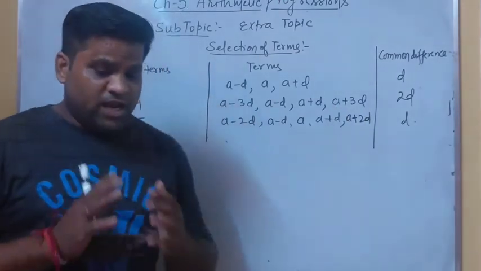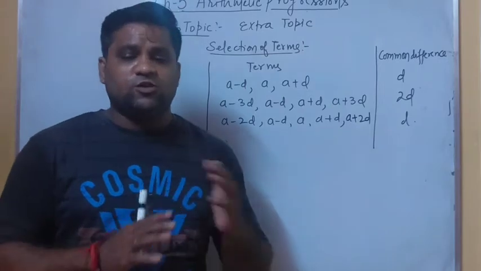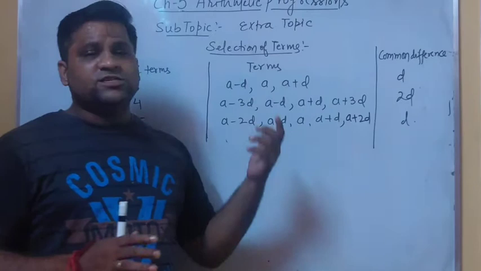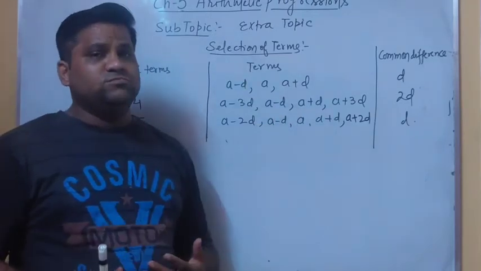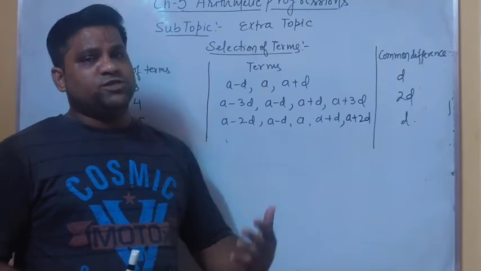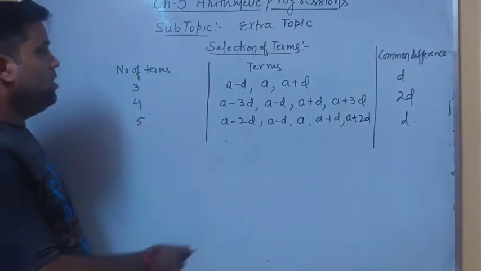In that case, the selection of terms which are in AP is important. So here a criterion is given for the selection of terms which helps to solve such types of questions in the exam.